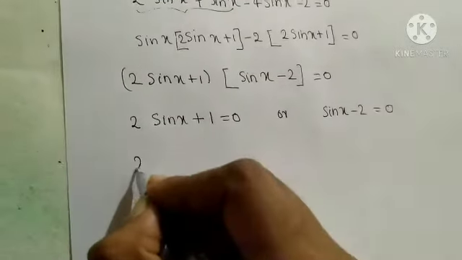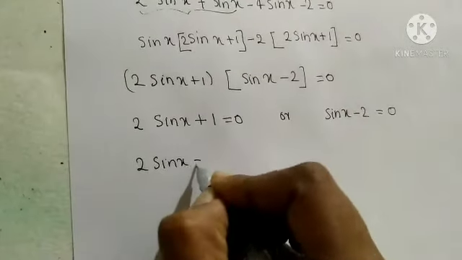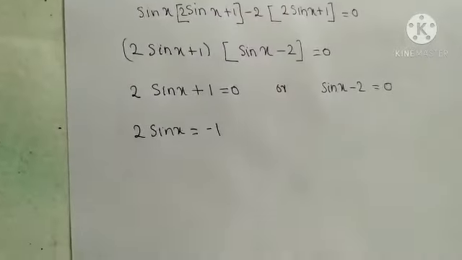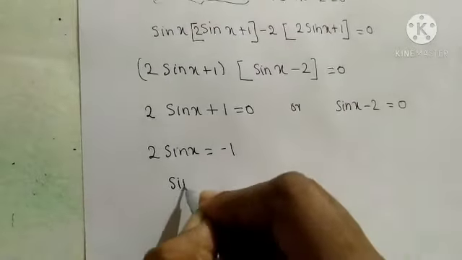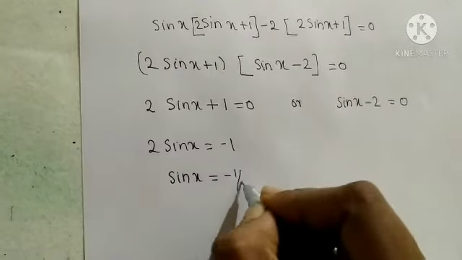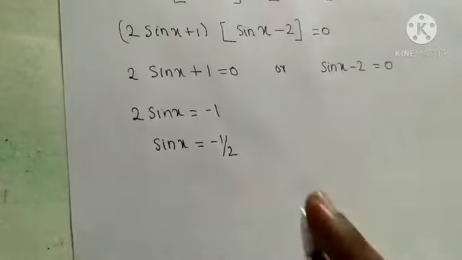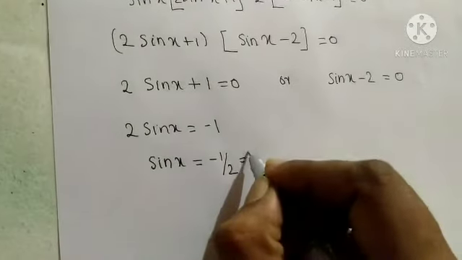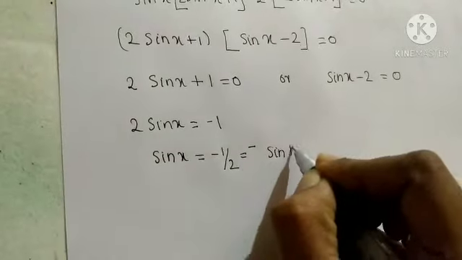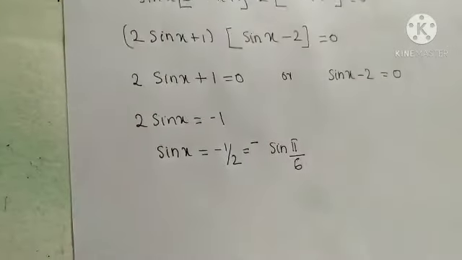From this, 2 sin x equals, taking this 1 to the RHS, minus 1, and sin x equals minus 1/2. Write this minus here. Sin 30 is 1/2, so write sin π/6 here.